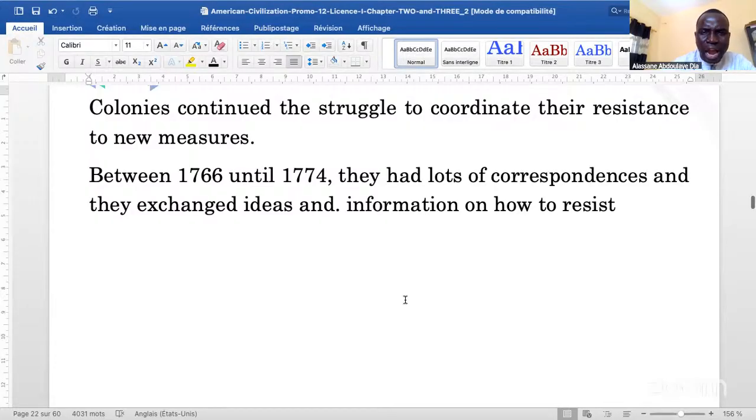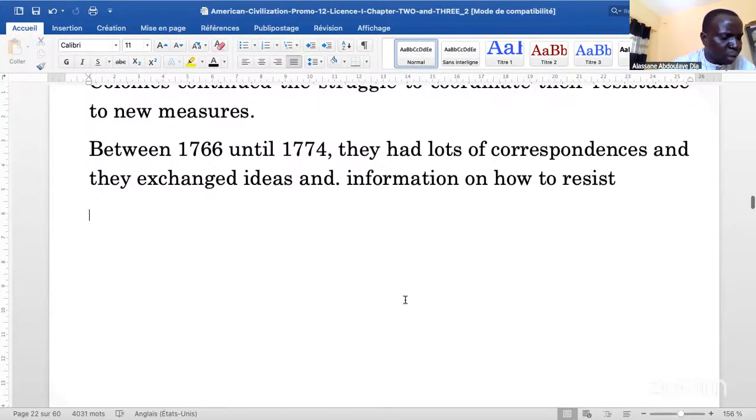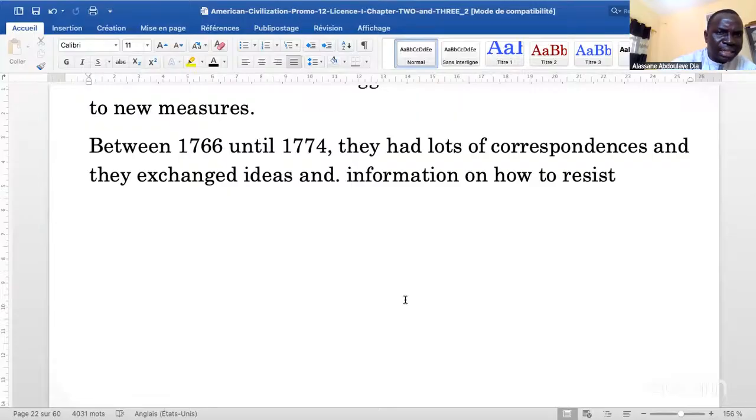They exchanged ideas, information, and how to resist. So after that, the colonies said we are going to resist. We are going to find more sophisticated ways of building a resistance, because now what they want is independence. We are now in the midst of the American Revolution.